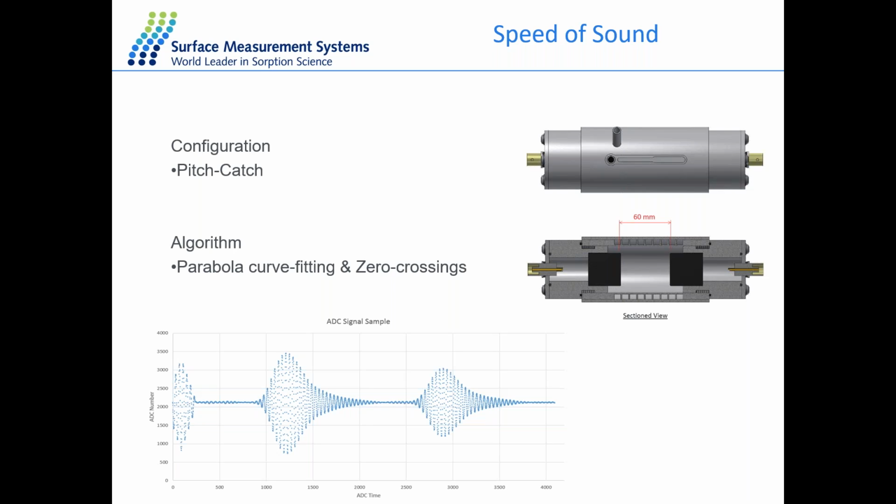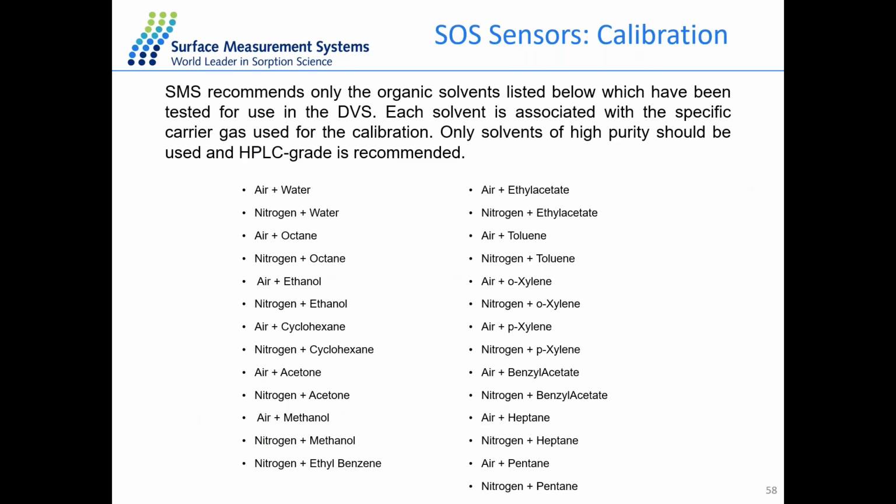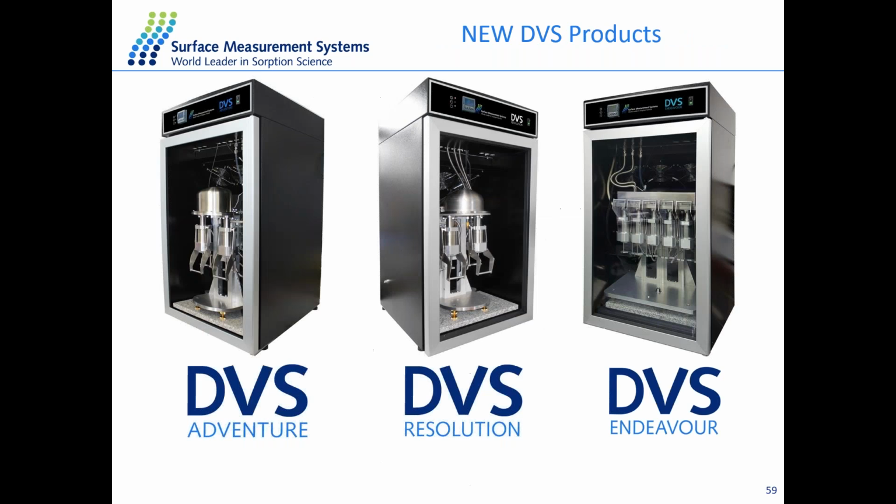The only thing that we provide is basically the sensor and a calibration for the carrier gas plus solvent combination. We have a series of solvent plus carrier gas combinations that we provide, up to 22, and you can get in contact with us and we can show you exactly what solvent we can use and how accurate we are at measuring the specific solvent.